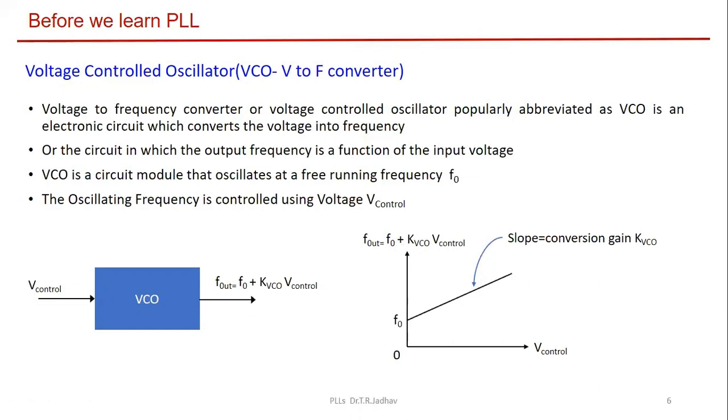So the gain of this VCO will be simply output frequency divided by control voltage. Fine. Thus a VCO basically converts voltage into frequency, or we can say that we can change the frequency of the VCO below or above F0 depending upon the control voltage.